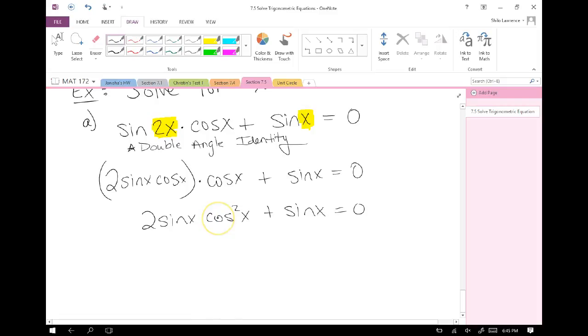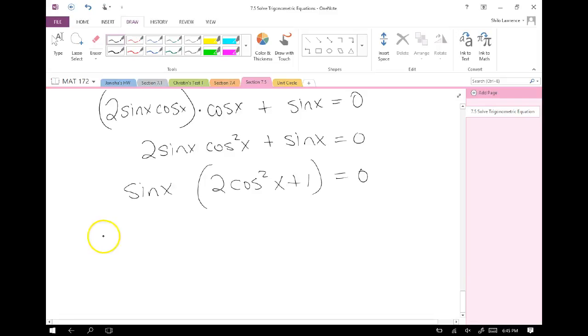I still have two different trig functions, and both of my terms have a sine and the angles match. Now I can factor a sine out. I get 2 cosine squared x plus 1 equals 0 after I factor the sine out. Now the left-hand side is a product, and it's equal 0, so I can set them equal to 0 individually.